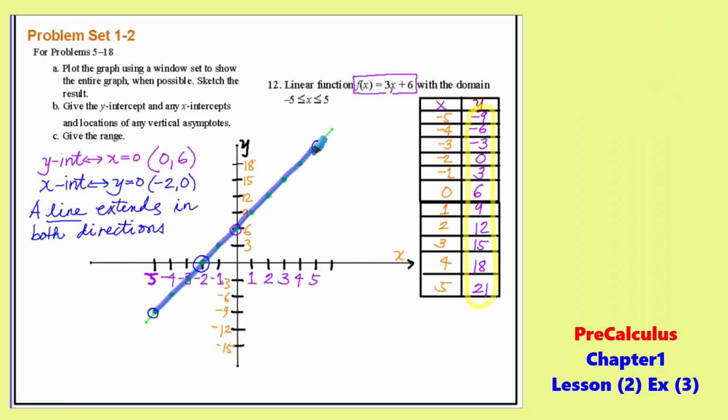Okay, and this is our actual graph for the given domain -5 to 5. So do we have a vertical asymptote here? Obviously none. So our answer for this question is no vertical asymptote.